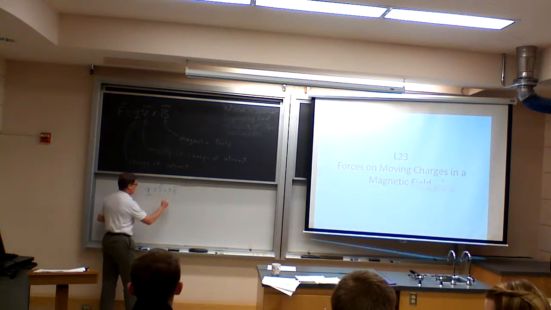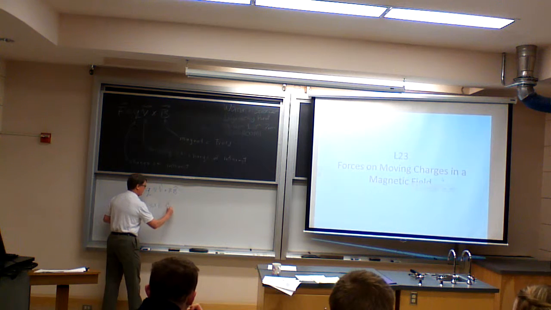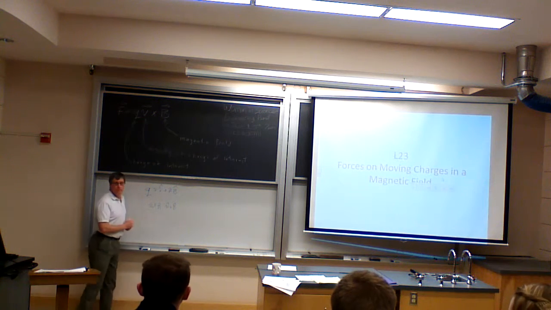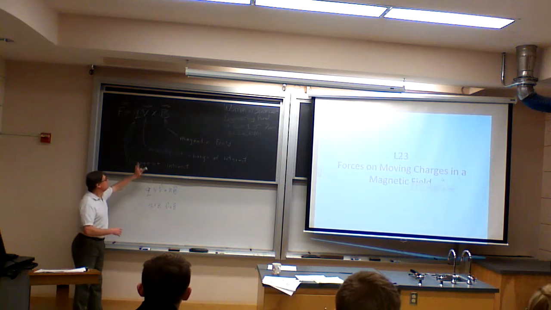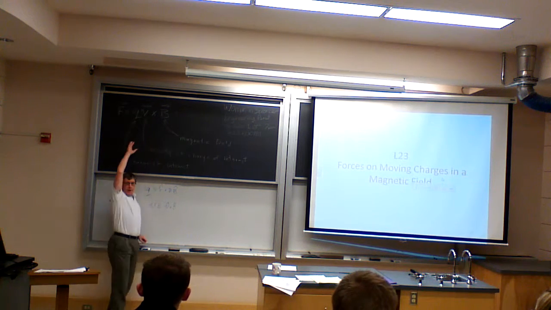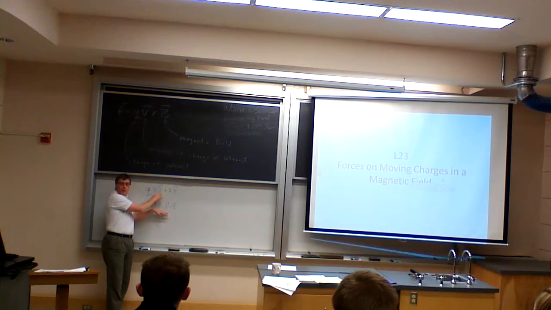Now you can do a little math and say that's equal to Q v B times v hat cross B hat. Just doing vector math. Well, that seems to be a tighter, cleaner notation. You guys are getting pretty good at being able to do this.